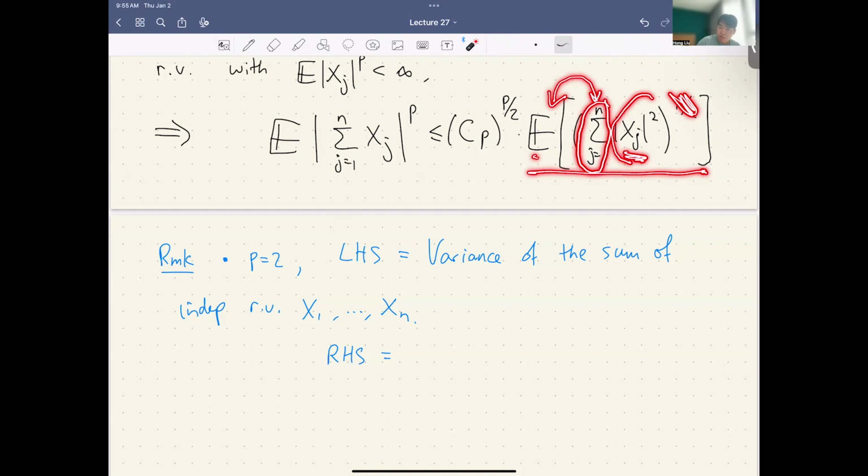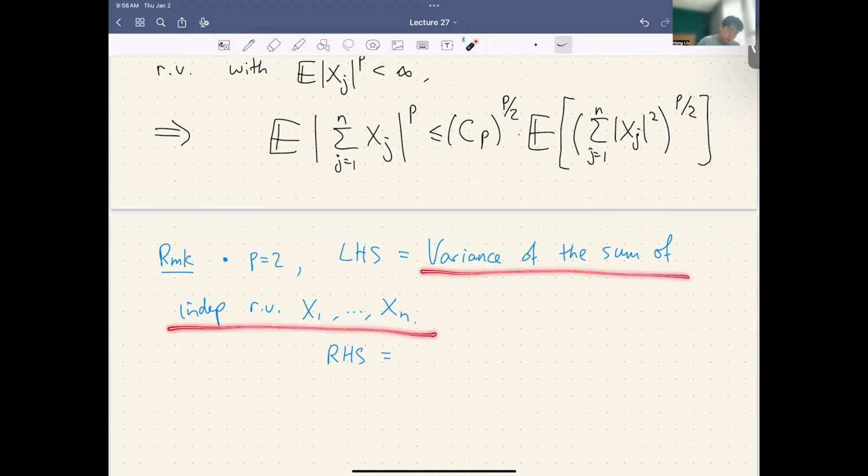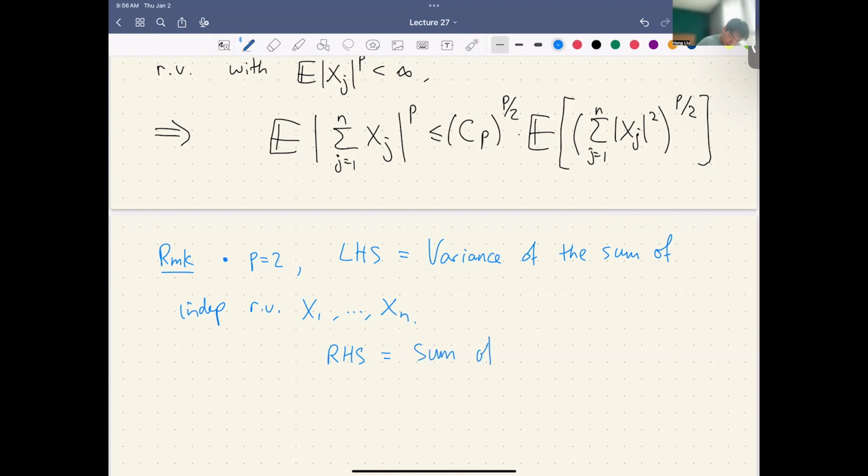So it's the sum of variances. This is the trivial identity we mentioned when we talked about second moments before: the variance of a sum of independent random variables is the sum of the variances of each one of them.